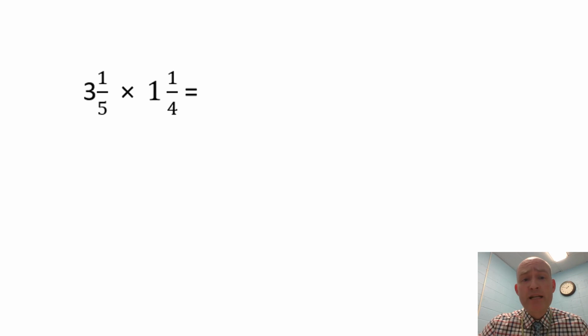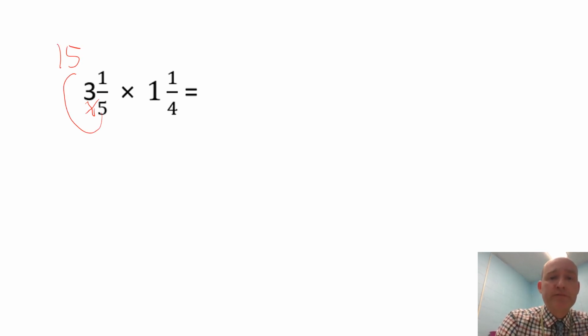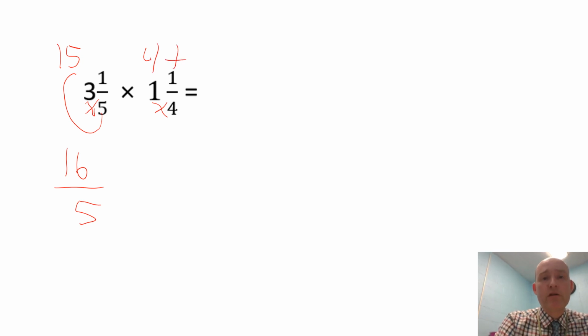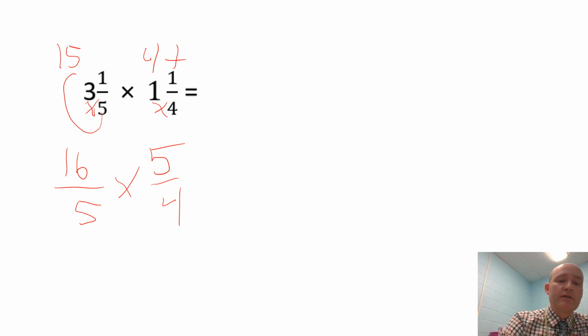How do I multiply mixed numbers? First, I need to, again, make them into improper fractions. 3 times 5 is 15. 15 plus 1 is 16. 16 over 5. Now we have 1 times 4, and 4 plus 1 is 5 over 4. Now we multiply straight across.